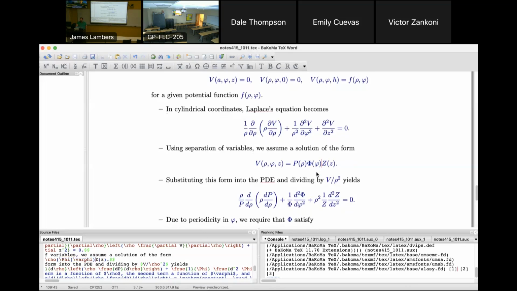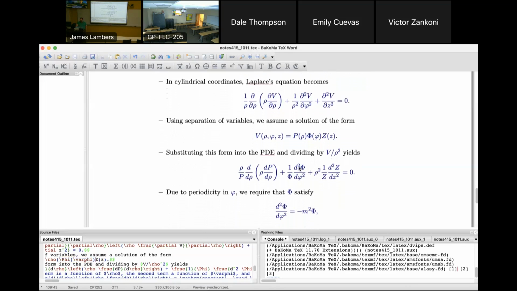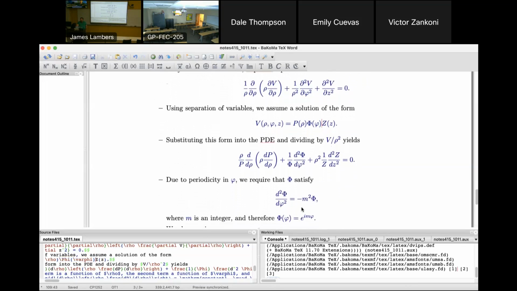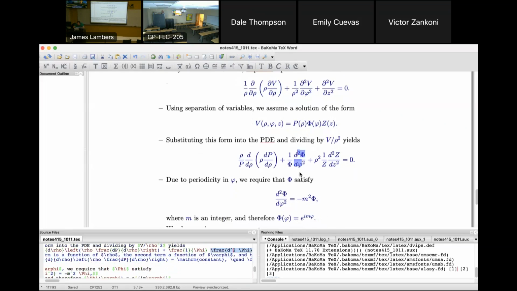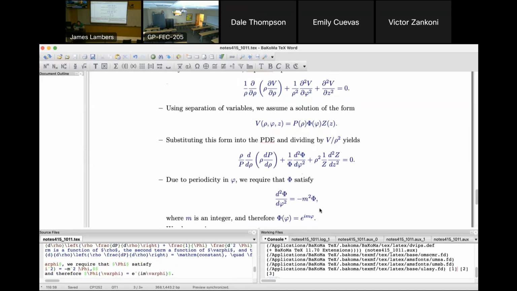That's 2 pi periodic. So we specify that the second derivative of capital Phi with respect to little phi is equal to minus m squared big Phi, where m is an integer. And that would have this as a solution, which is a linear combination of a cosine and a sine. So this right here, this second derivative, we can replace with minus m squared Phi, and we get 2 pi periodicity.